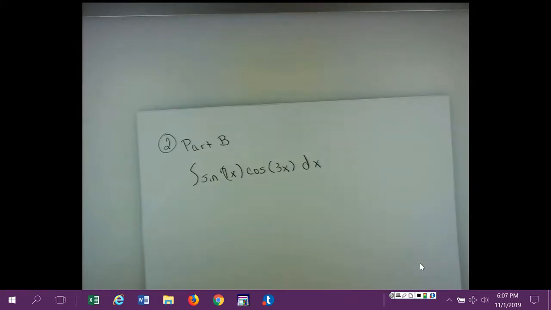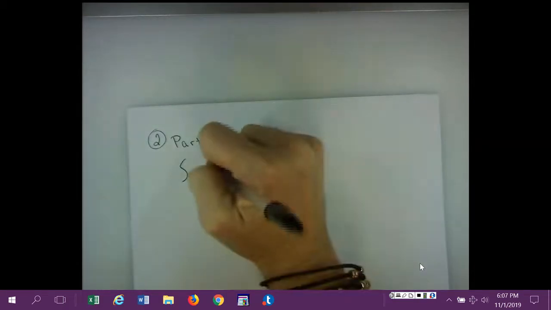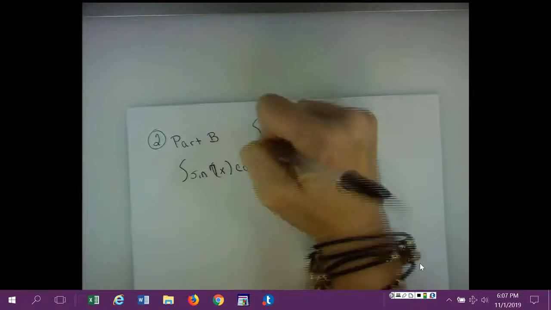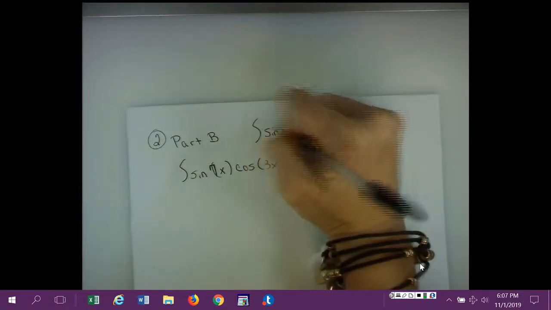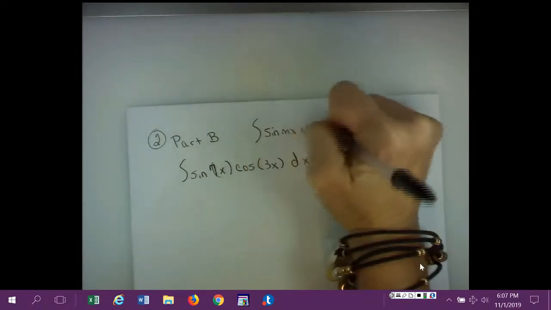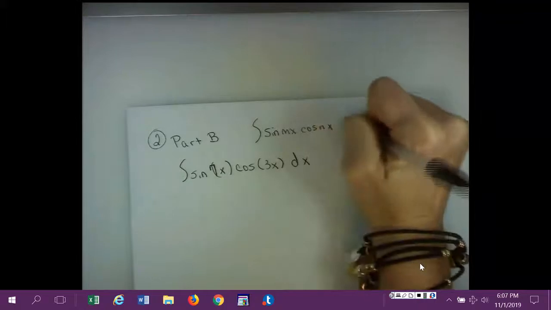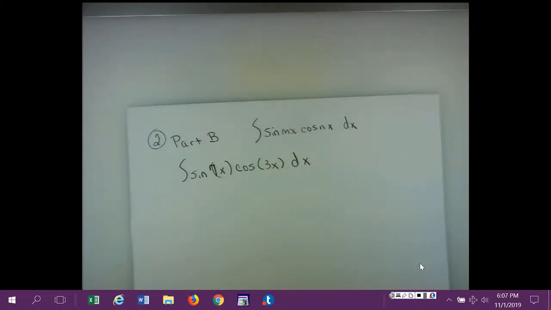Now, this comes into the formula for sine of mx cosine of nx dx. So m is 7 and n is 3.